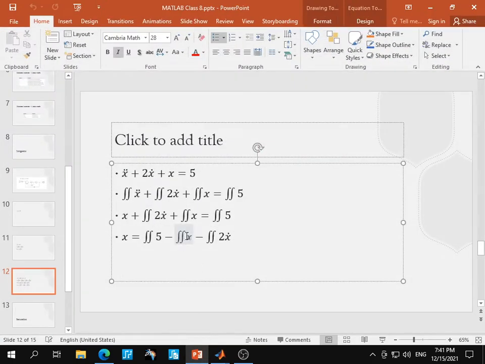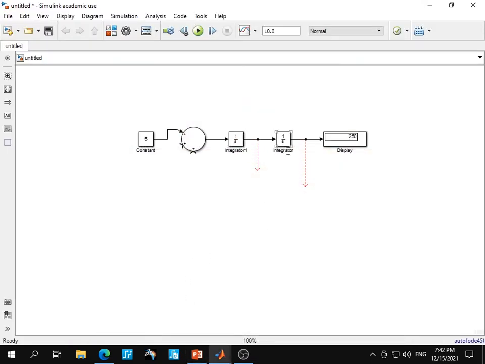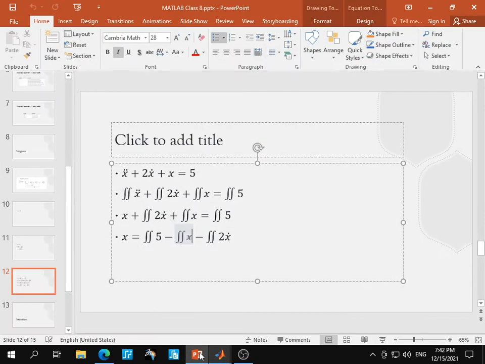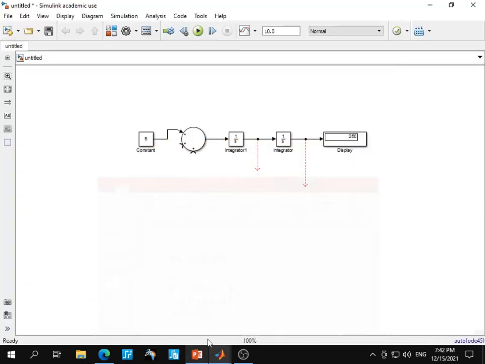So you can see, if we put the double integral to the outside together, it's double integral 5 minus x minus 2x dot. So you model it right here. 5 minus x. So this is the x.